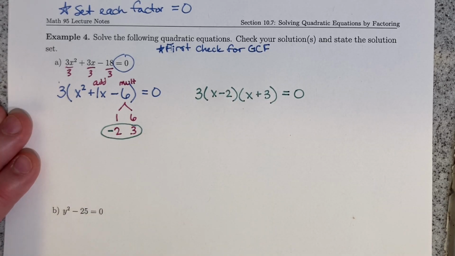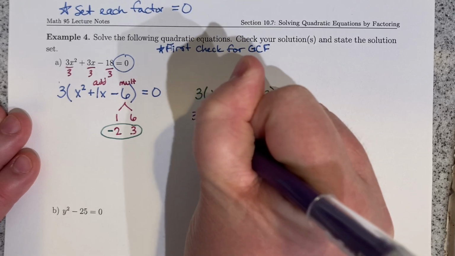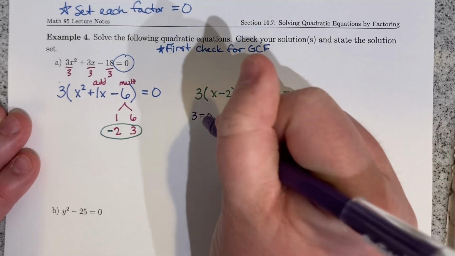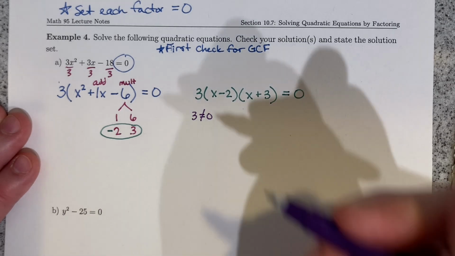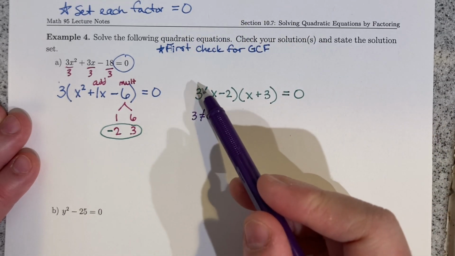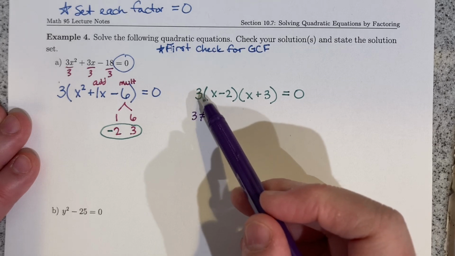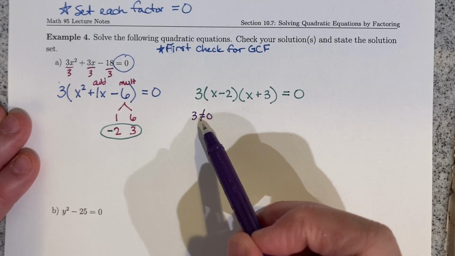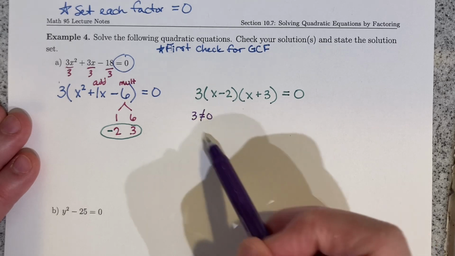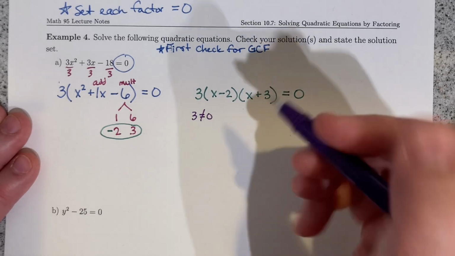But this first factor, the 3, if I tried to set it equal to 0, it just wouldn't work. 3 doesn't equal 0. But if it were something like 3x, then we would need to set that equal to 0 and solve for x. But if there's no x in it, that can't be 0. Because remember, it's x that we're trying to get by itself.